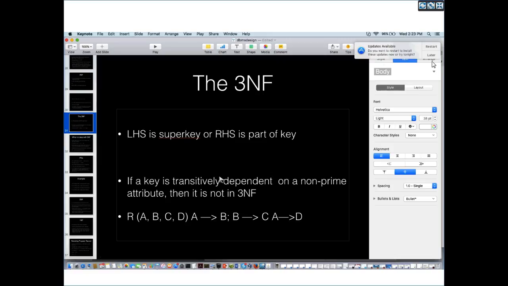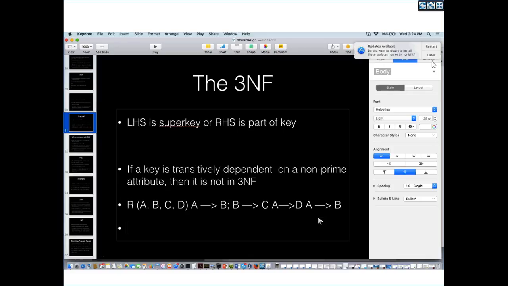Why I postponed this discussion, saying that I will look at the Armstrong axioms for this part, is that now A is the key here. A is transitively determining C. Because A is functionally determining B, and B is functionally determining C, it means that A is also functionally determining C. So an extra dependency gets derived now.